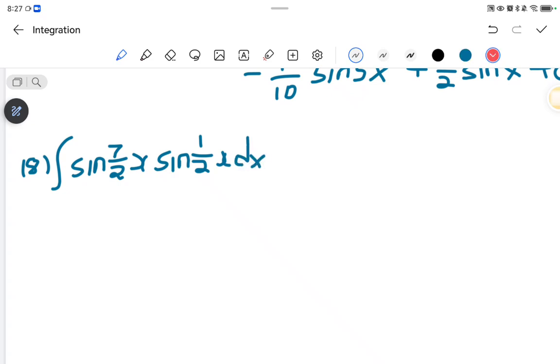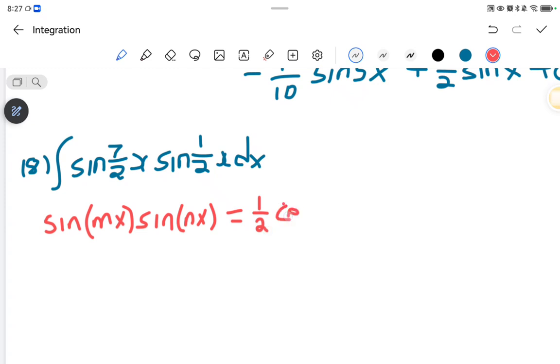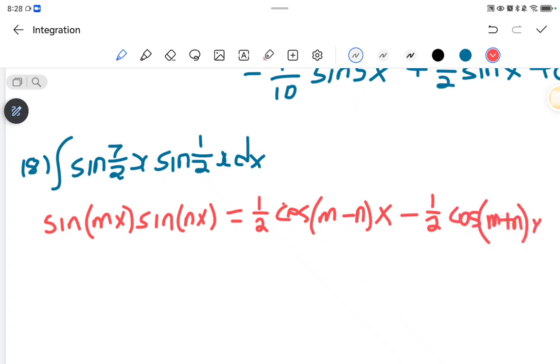And we know that the sine of mx sine of nx will be equal to, we start with subtracting here. You see, right, we're using cos, we start by subtracting. Then minus 1 over 2 cos of, then we add here on this property.